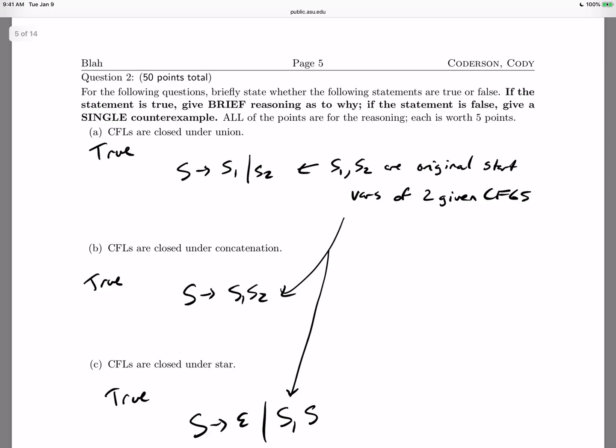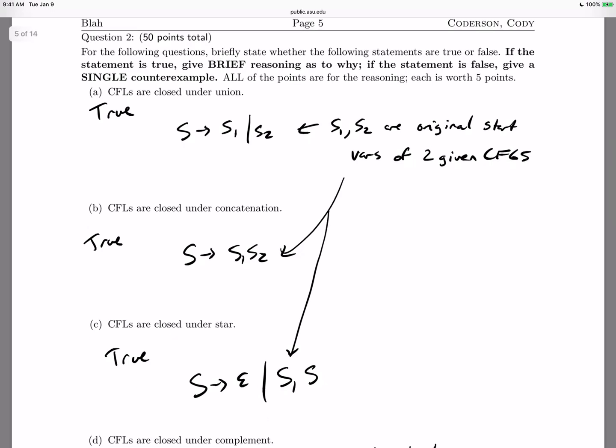Okay. So the way to show these was to either proceed via a context-free grammar route or a PDA route. So I did a CFG route because it's easier and it was quicker to write down, but you could do a PDA for all of them. So for the CFG version, what you do is you just take the original start variables of the 2 grammars you have, and then you make a new start variable that goes to either the first one or the second one.